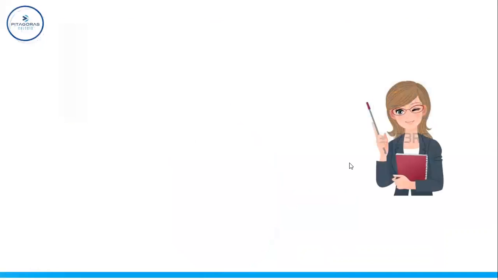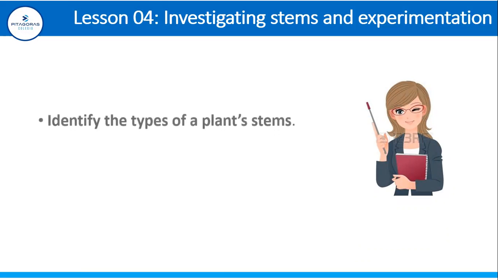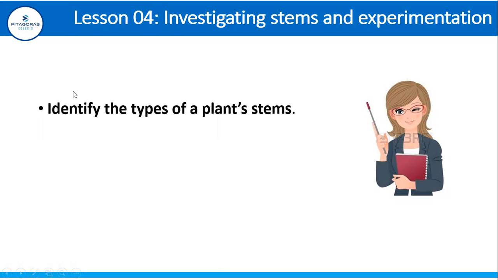So for this class, we have some objectives. Lesson number 4, investigating stems and experimentations. The first objective is to identify the types of a plant stem, in this case, the types of stems.